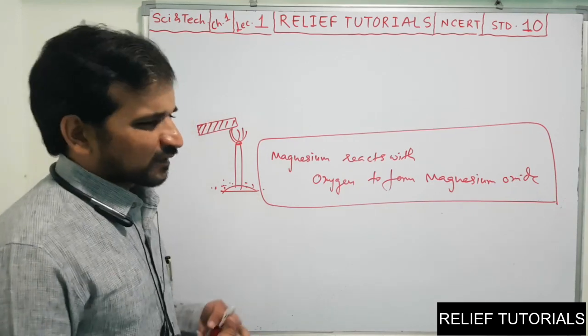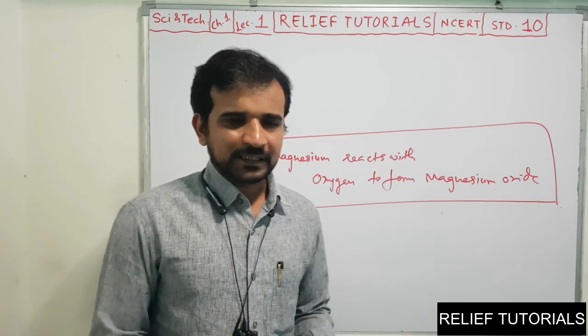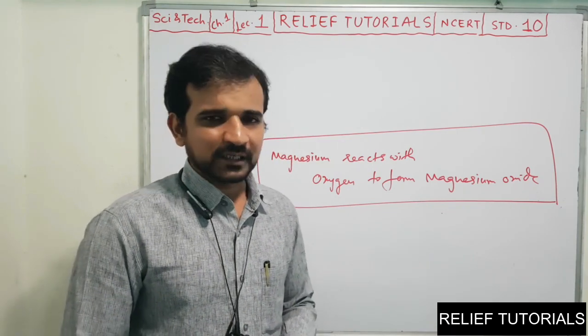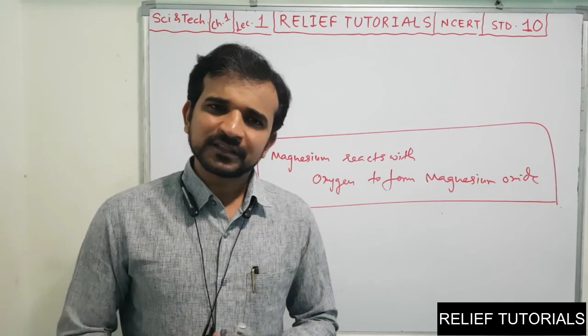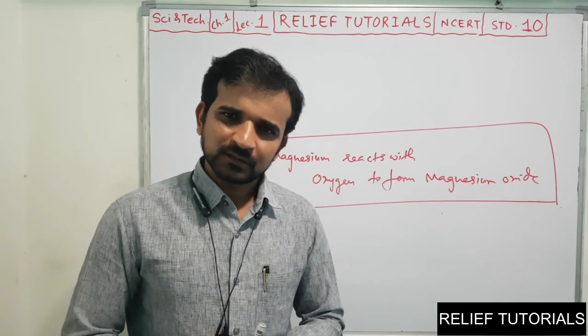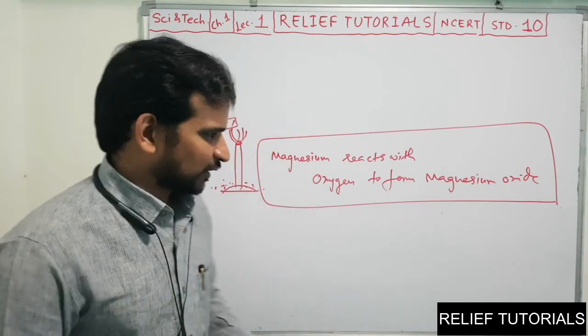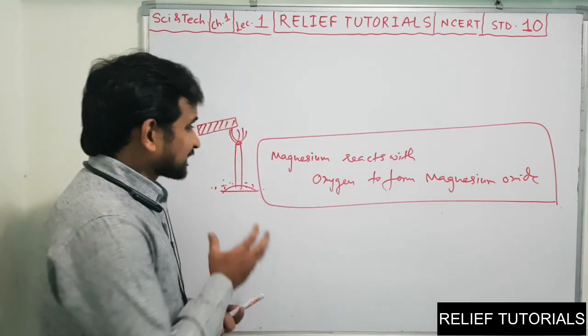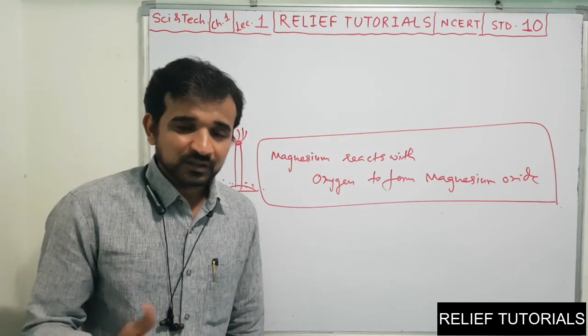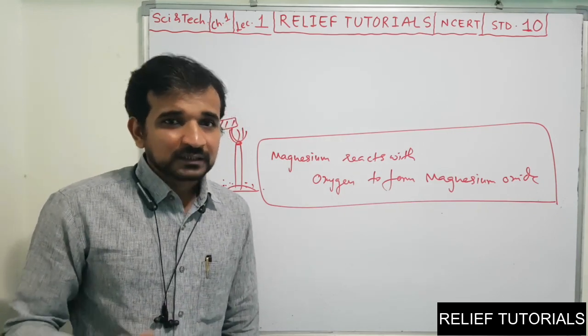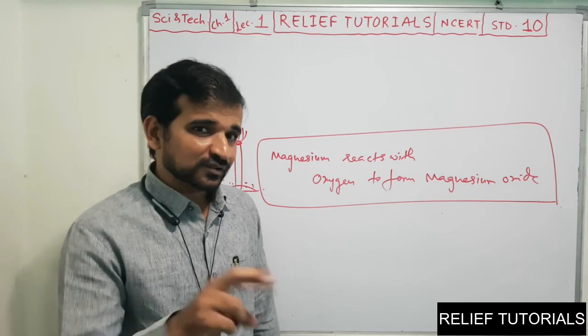Whatever activity you are performing in the laboratory, how can you know that some chemical reaction is going on? For that you have to see: are you seeing any change in state, change in color, change in property? These things represent that something is changing.